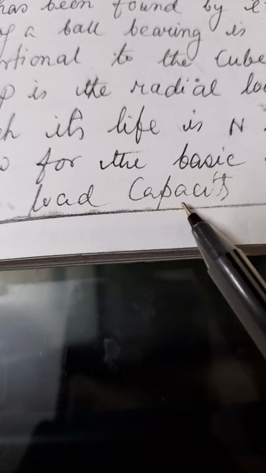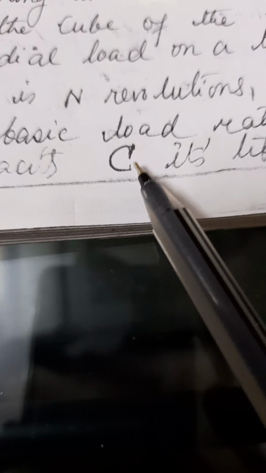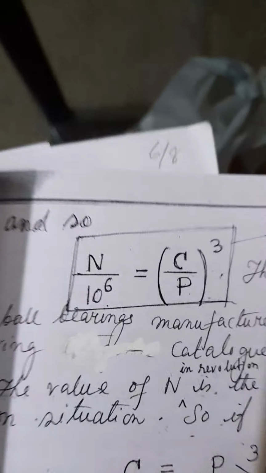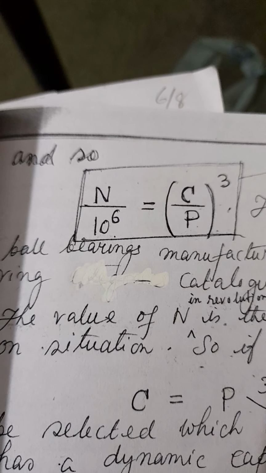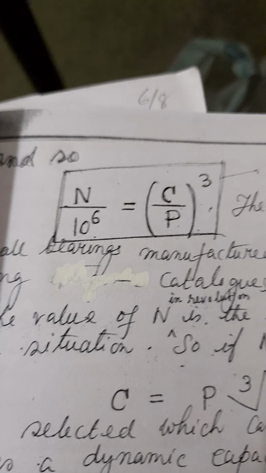know for the basic load rating or dynamic load capacity, capital C, its life is 10 to the 6 revolutions. And so, this is the formula for ball bearing.